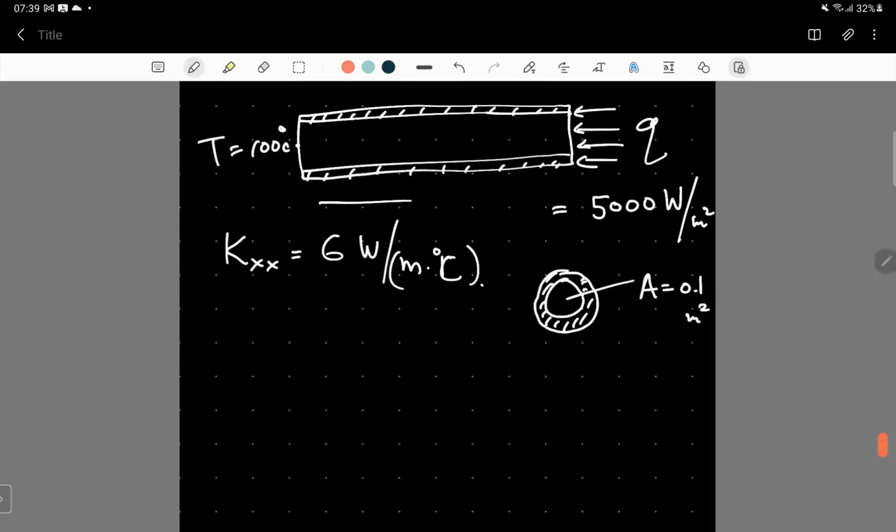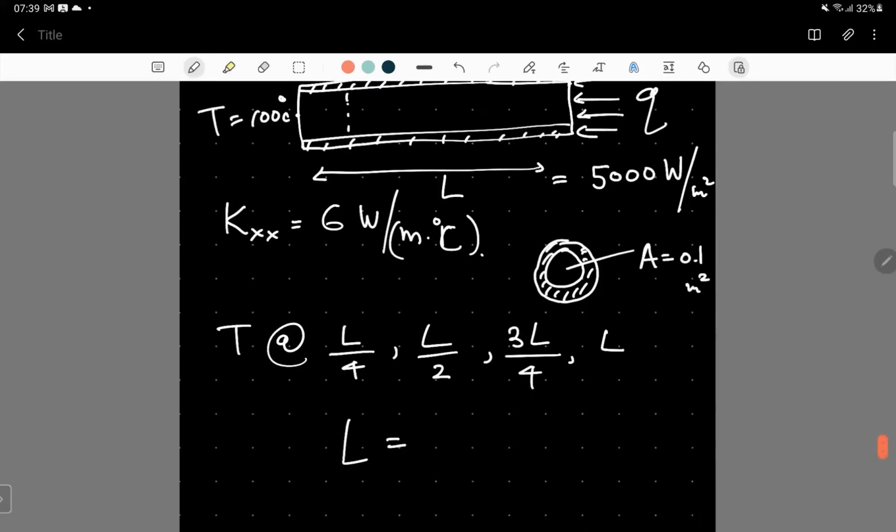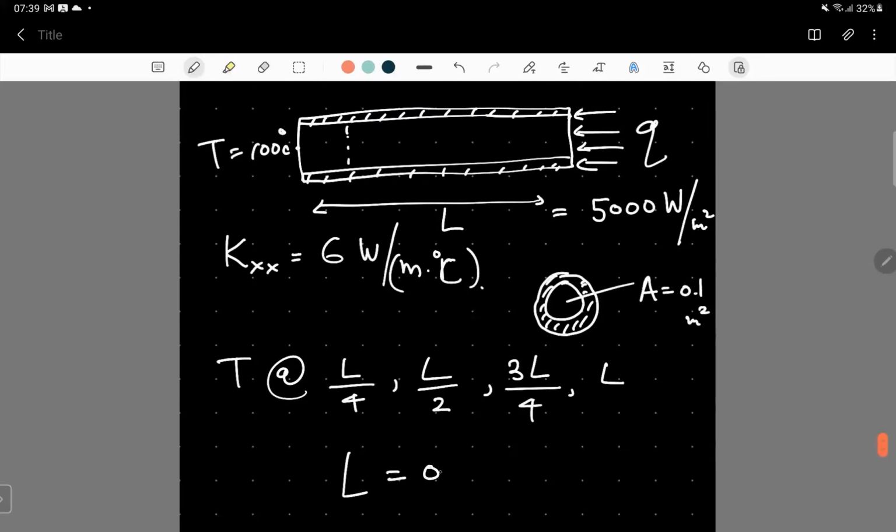Let's assume the length to be L. We are requested to calculate the temperatures at L divided by 4, L divided by 2, 3/4 L, and at L. The complete length of the fin is 0.4 meters.